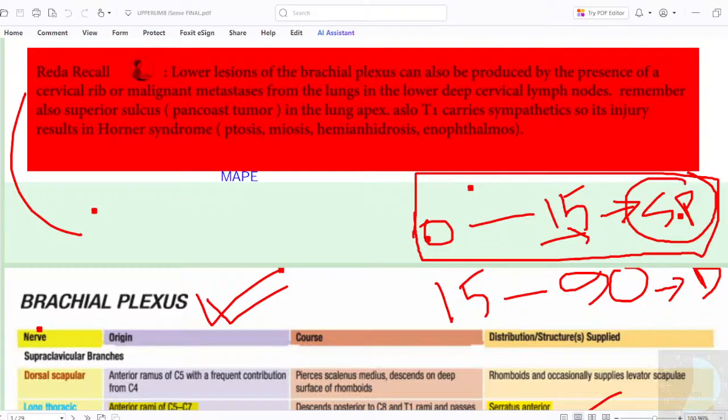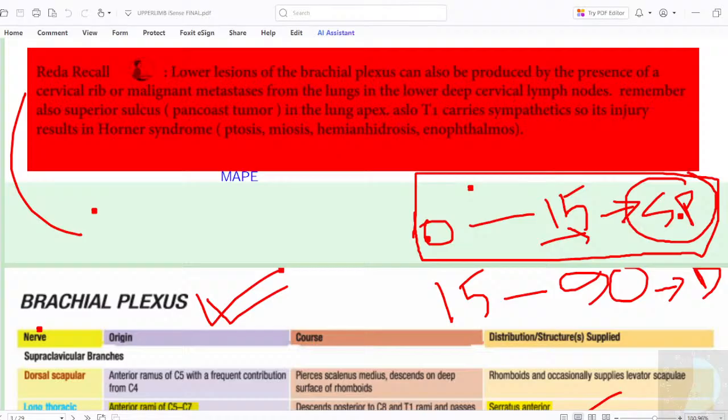What are the functions of the deltoid muscle? The deltoid has three parts: clavicular, spinal, and acromial. The clavicular part abducts the shoulder and does lateral rotation, and then the spinal part, I don't know what it does.